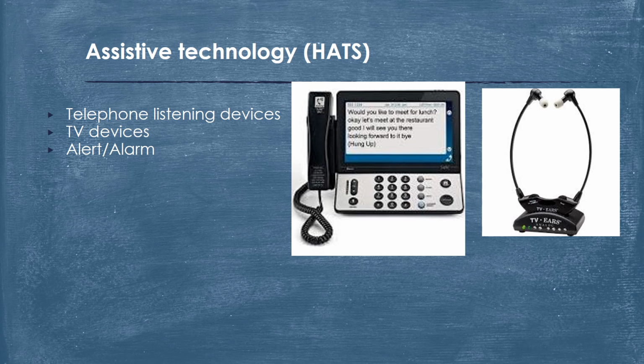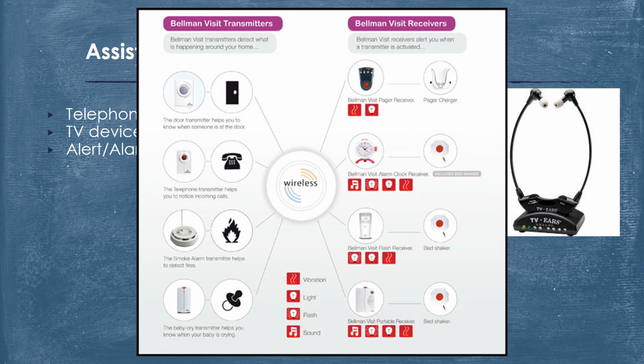And basically, you just set up a transmitter from your TV, and it comes to this receiver or the TV ears, and they just put it directly in their ear. And we can also have some alerting devices or devices that connect in many ways. So this is one company, so I could give you one example.